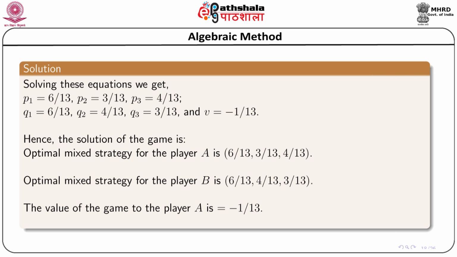Finally, we get the mixed strategy for the player A as 6/13, 3/13 and 4/13, and the optimal mixed strategy for the player B as 6/13, 4/13 and 3/13, and the value of the game to the player A is minus 1/13.